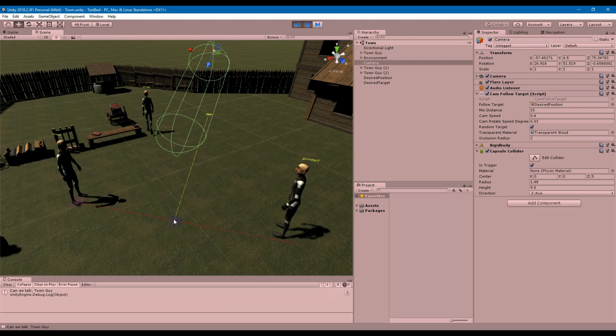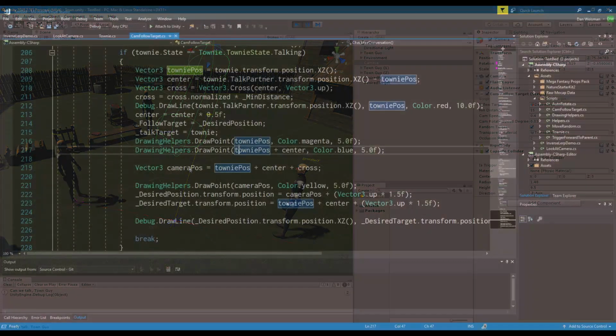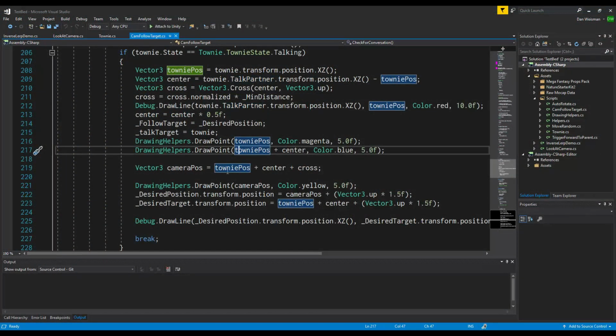And again, adding a position vector to a difference vector gives you a new position vector at the end of that difference vector. So that moves the point up here, and that's exactly where we want it. So now we have the blue point and the yellow point, and those are the two key points for the rest of the script.